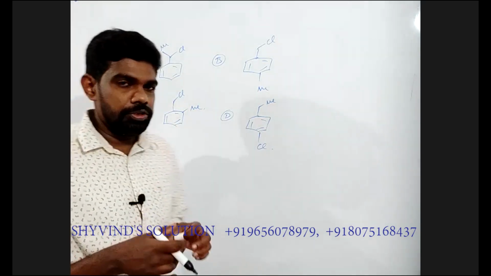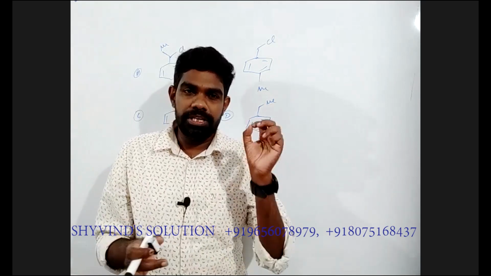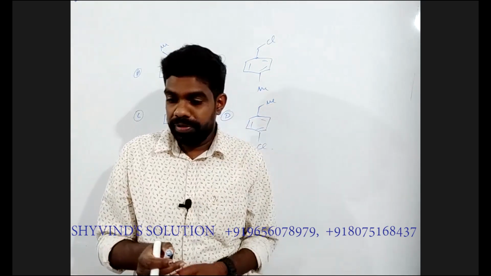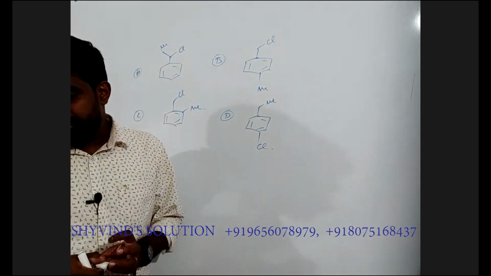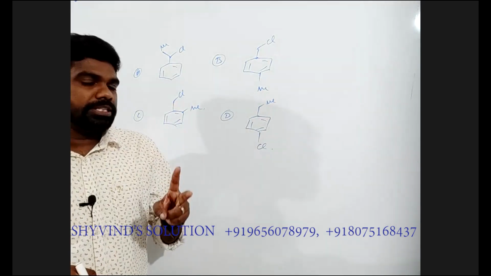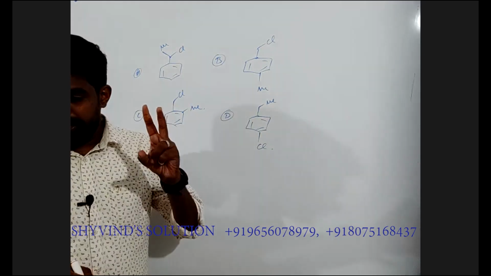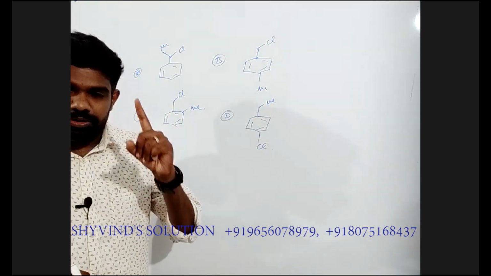If we have substitutions on benzene, the value will change slightly. So 7 point something is the value of an aromatic system. 7.31 is 2 hydrogen and 7.21 is 2 hydrogen, so in the aromatic region we have 4 hydrogens, not 4 peaks.